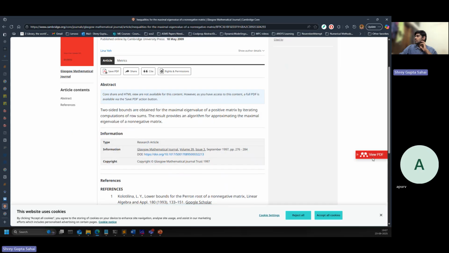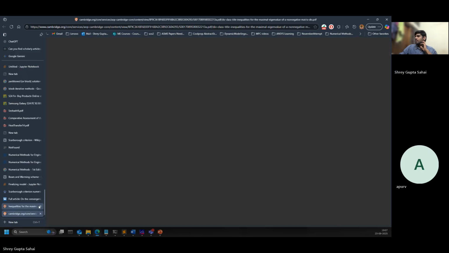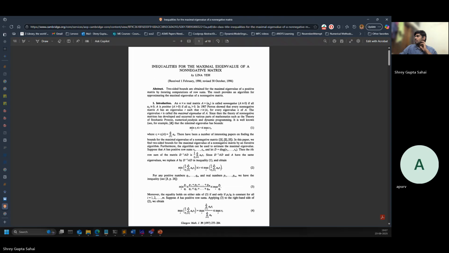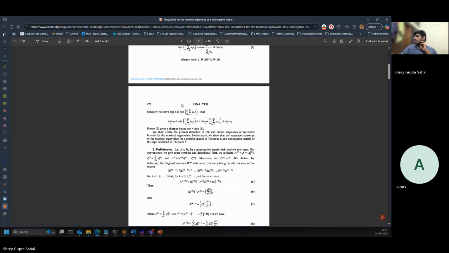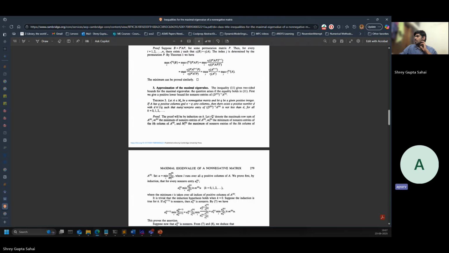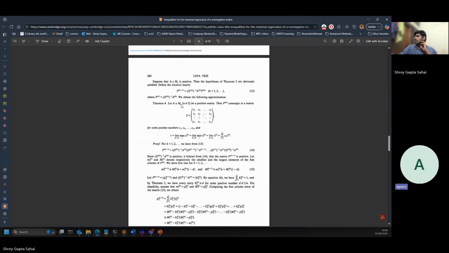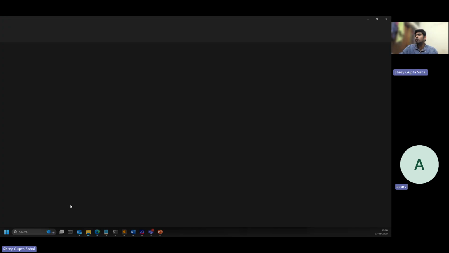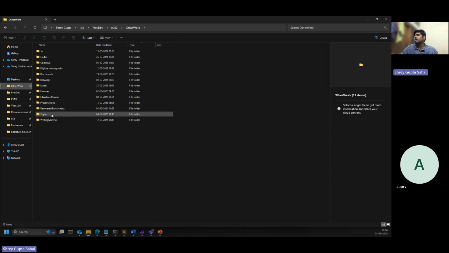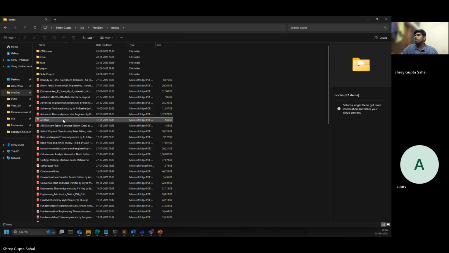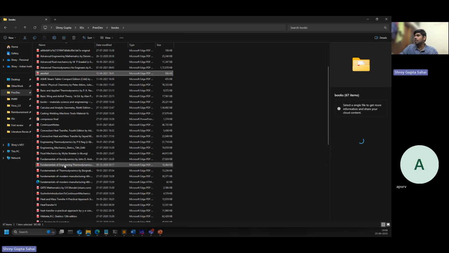You read this book also? If it is mentioning Patankar, then I'll check once because I have not gone through that book. Let me open the Patankar book.